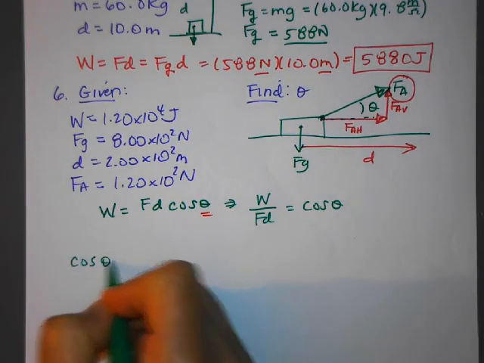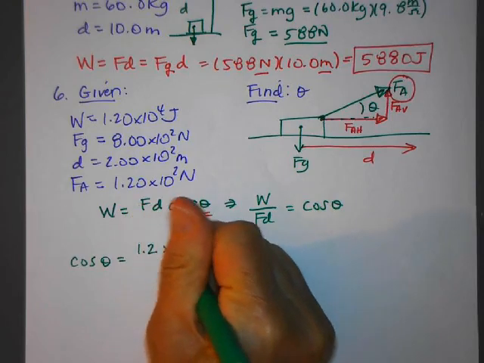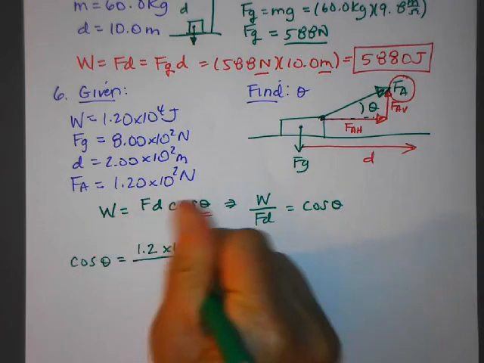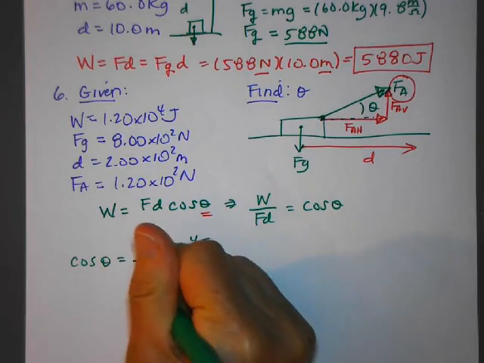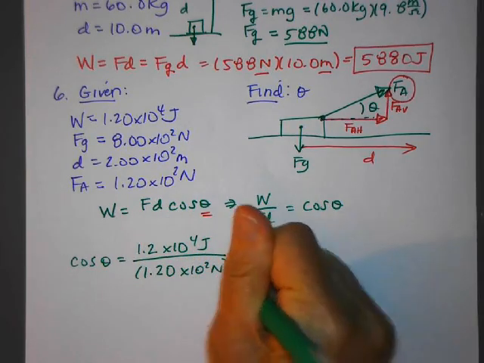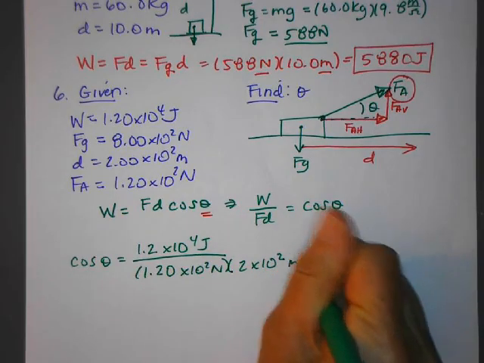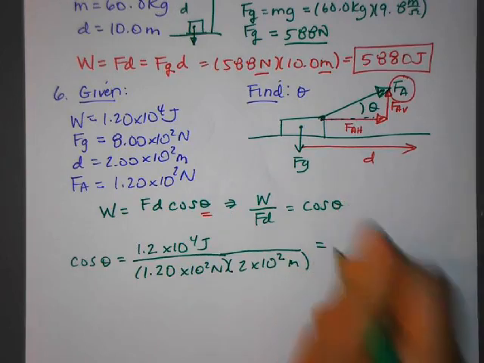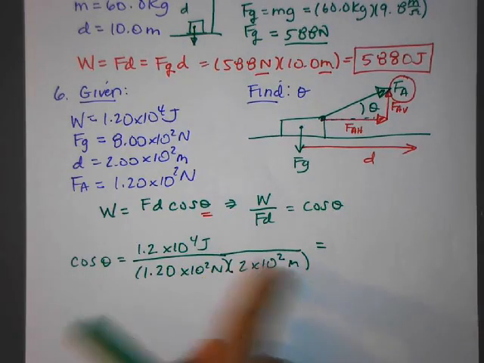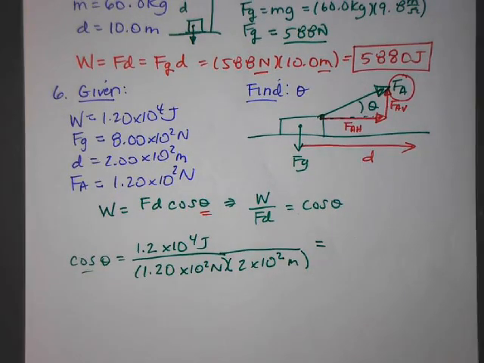So cosine theta is W, 1.2 times 10 to the 4 divided by 1.20 times 10 to the 2 newtons times 2 times 10 to the 2 meters. All right. And remember, a newton times a meter is a joule, so my units cancel. So this is going to give me cosine theta.